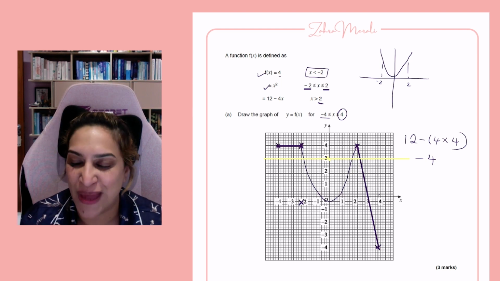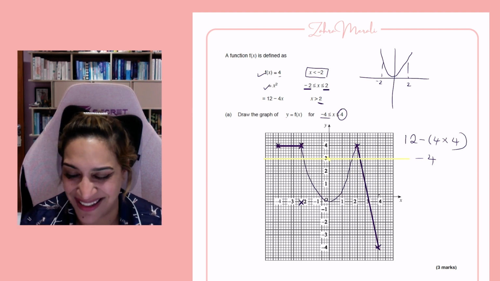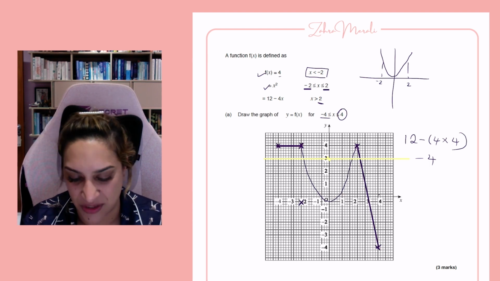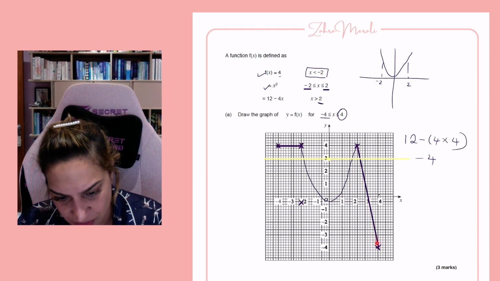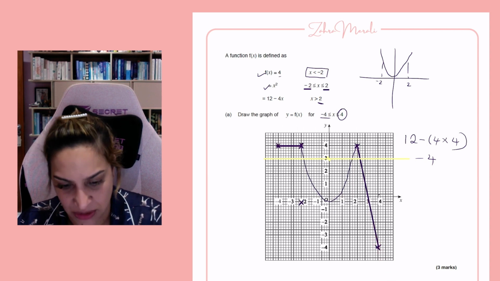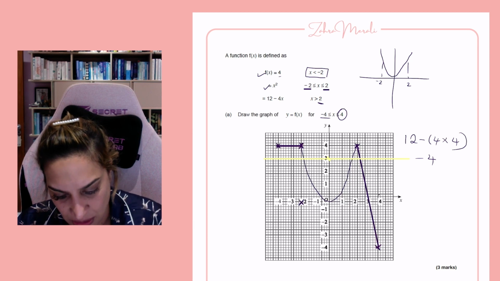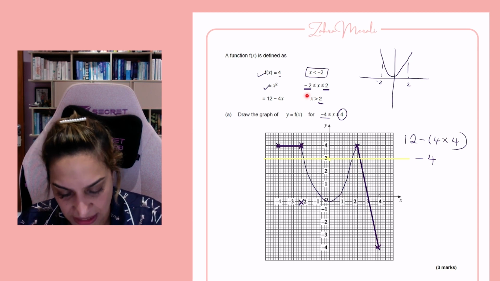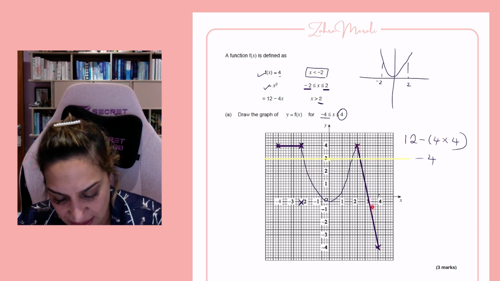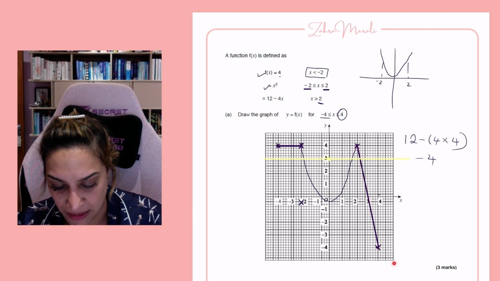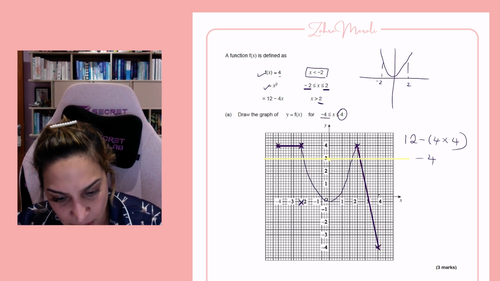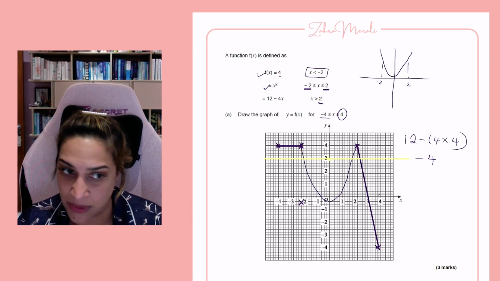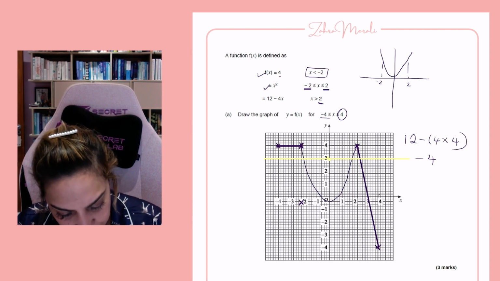Now it's saying solve f(x) equals minus 10. Now we don't have minus 10 on this graph, but we know it's going to be somewhere down here, right? And this graph could keep going like this because this line here is for all the x bigger than 2. And if we were to do a line somewhere here, the only bit that would cross it would be this bit here. So the only thing that we are solving is 12 minus 4x, which is what that line bit was, equals minus 10.